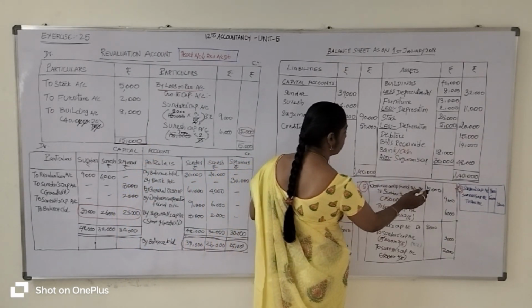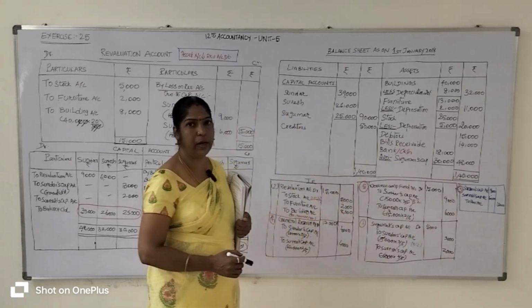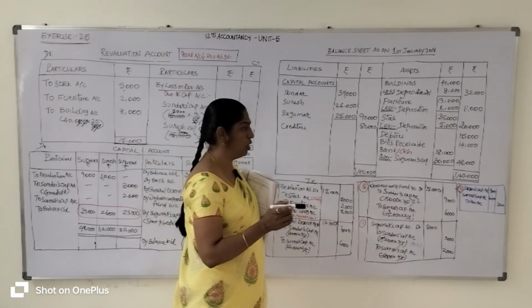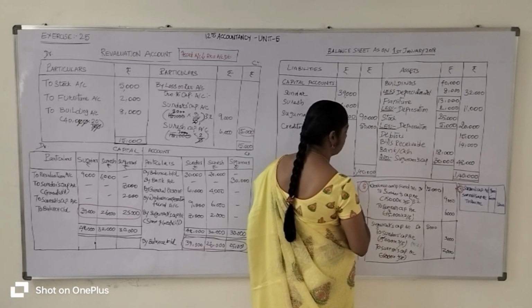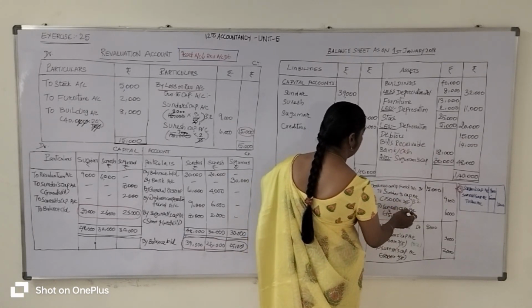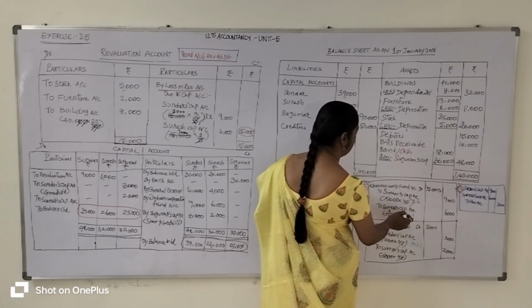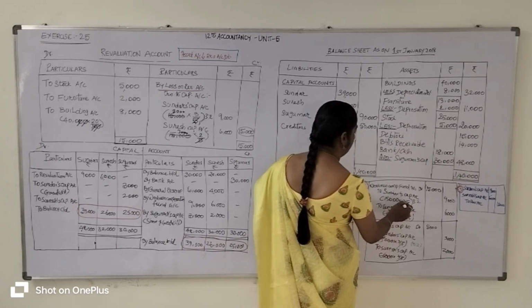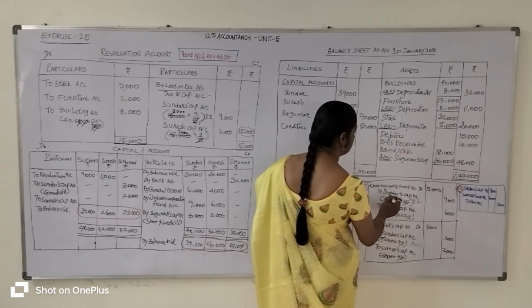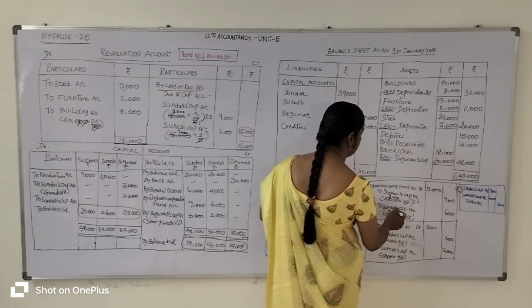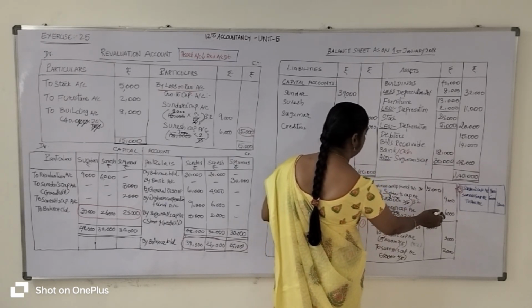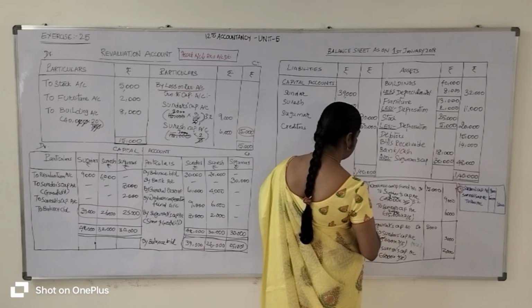How much is the workmen's compensation fund? 15,000 rupees. It will be distributed to the old partners with their old profit sharing ratio, 3 by 5 for Sundar and 2 by 5 for Suresh. After cancelling, 3,000 times 3 is 9,000 goes to Sundar's capital account, and 3,000 times 2 is 6,000 goes to Suresh's capital account.